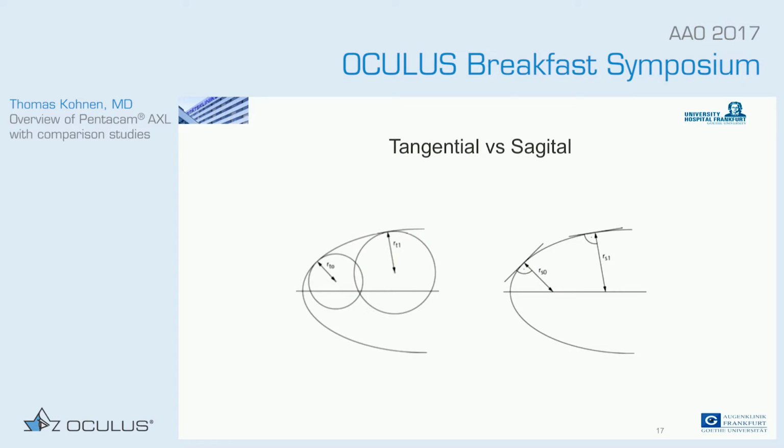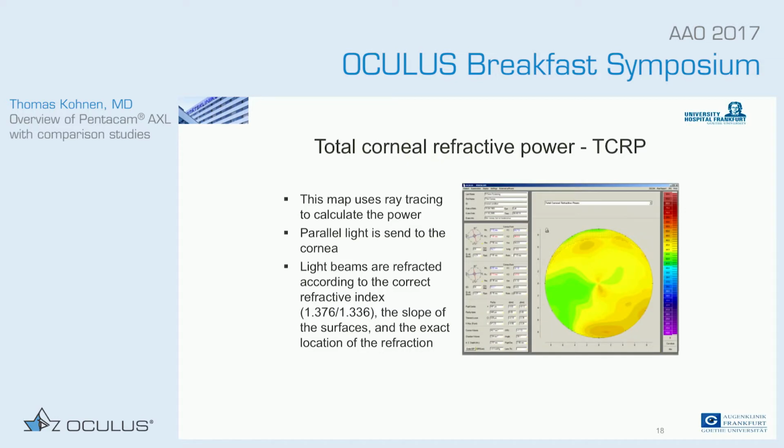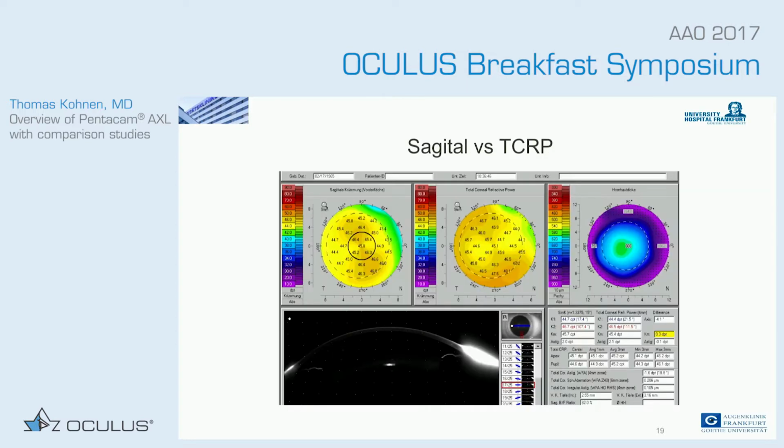Here is an example of what we usually do in topographers. We take tangential or sagittal maps. You can see the principles here, and the total corneal refractive power map includes all of this. Now I give you an example on this slide. We had the anterior surface measured, and it was 2 diopters of SimK astigmatism in this particular patient.